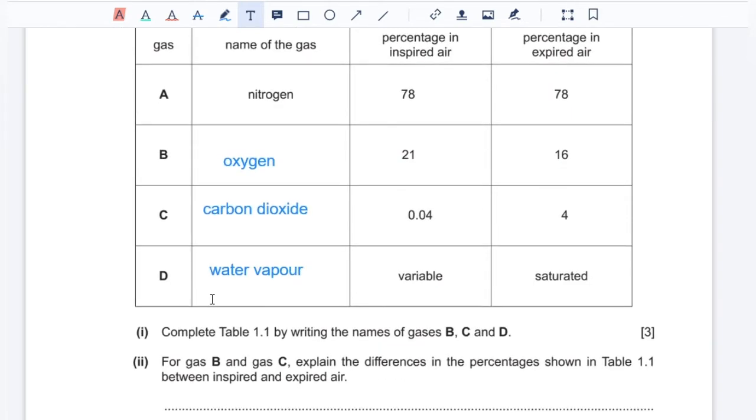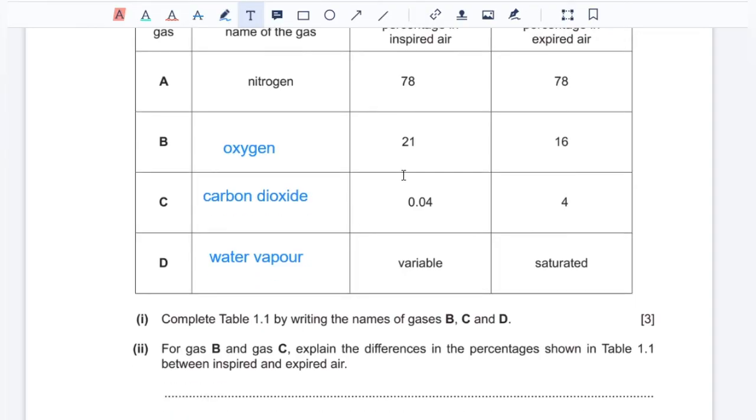2. For gas B and C, explain the differences in the percentages shown in table 1.1 between inspired and expired air. Alright, so gas B, or oxygen, when inhaled, will diffuse from the alveoli into the blood capillaries that lie next to the alveoli to be used for aerobic respiration.